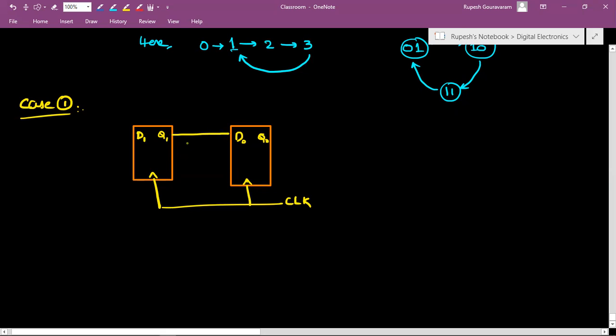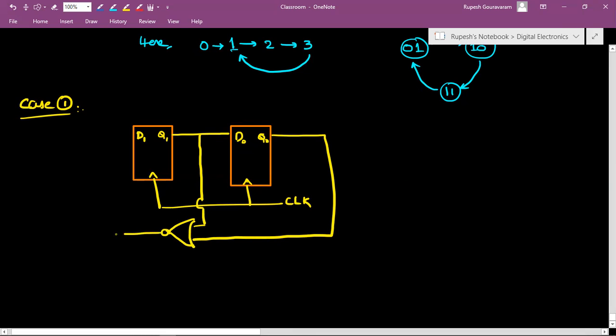Then Q1 we take it here and Q0 we take from here. Both of these are inputs to an OR gate, and it is a NOR gate. This is given to D1. If you carefully observe this, what will be the next state?